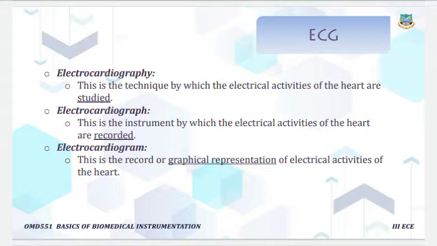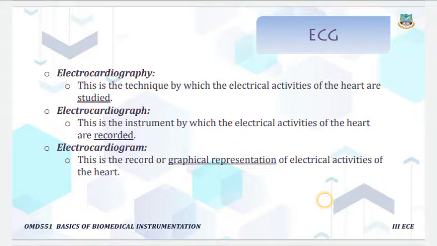Using this ECG wave, we cannot identify valvular defects. To identify valvular defects, we have to use another technique called phonocardiography. Only using phonocardiography can we identify the valvular defects.